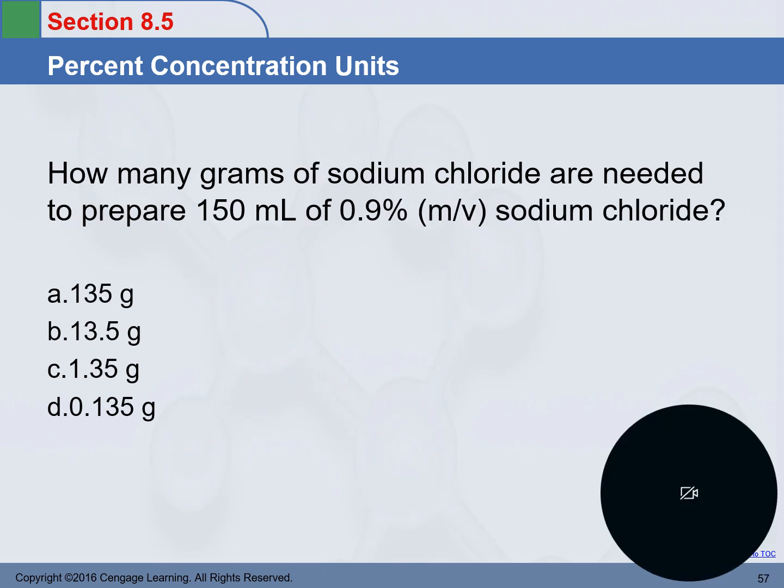Here's another learning check for us. As always, please pause the video and try to see if you can figure it out for yourself. But just plugging numbers into the equation, it would be 0.9 equals the mass of solute, so that's our unknown, we'll leave that as a question mark or x, all divided by 150 milliliters of your volume times 100, so divide by 100, divide by 100, multiply by 150.